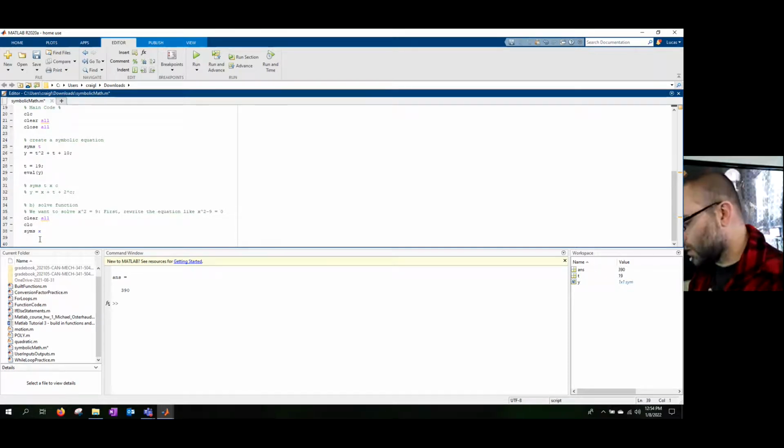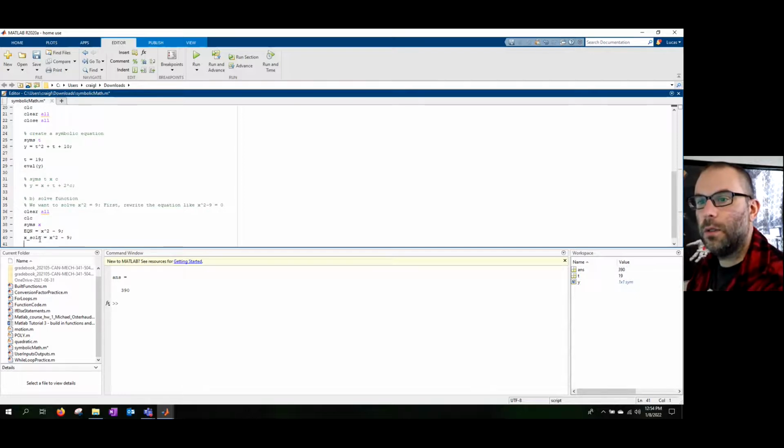So I do syms x. Then I do equation equals x squared minus 9. Then I'm going to say solve of equation.